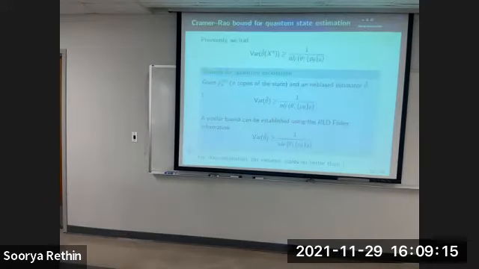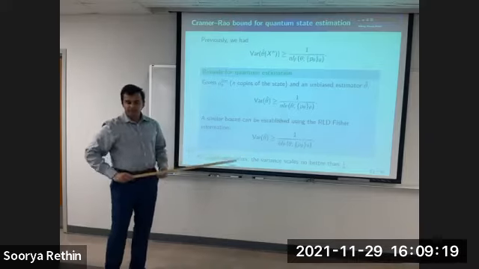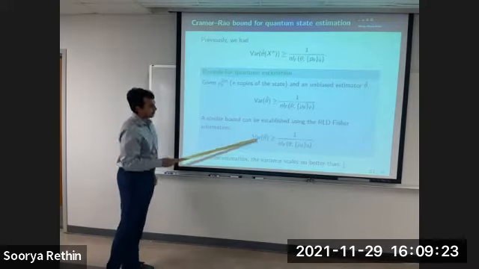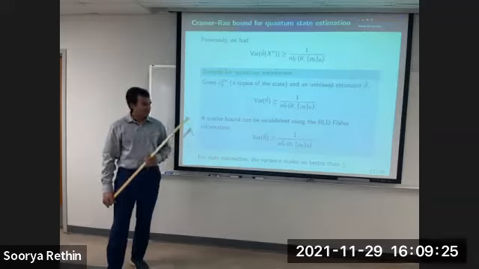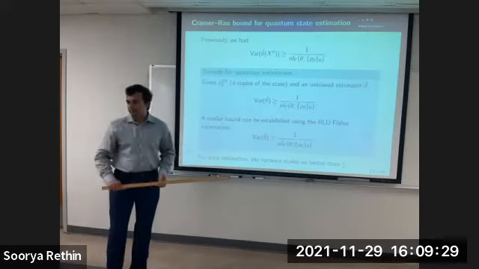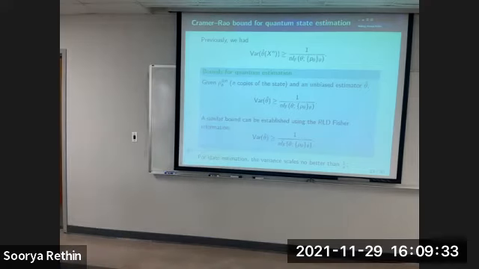What that means is that this bound is always tighter than this one. So if you're estimating a single parameter, you will probably never consider the RLD Fisher. But what I just said holds when you have a quantum state. It could be useful for channels, since you have the amortization.